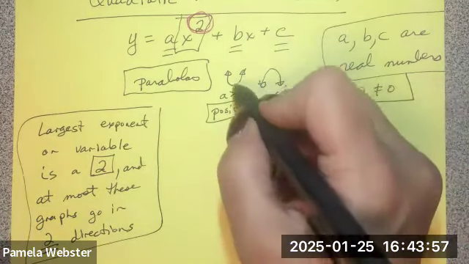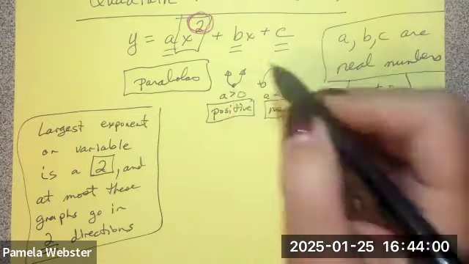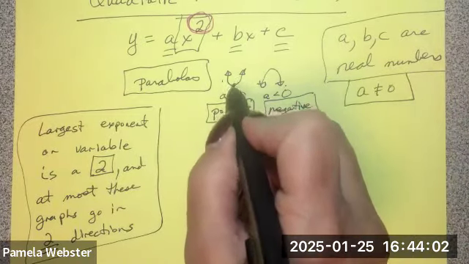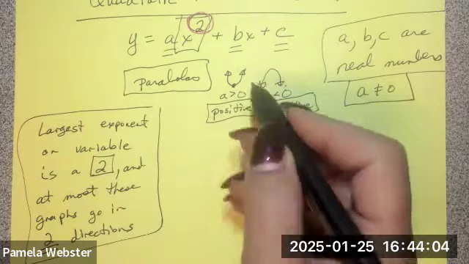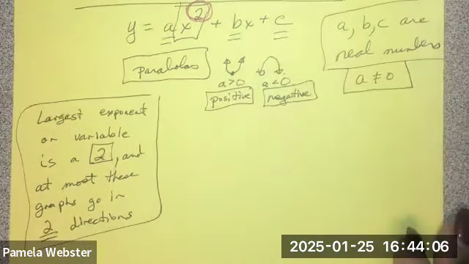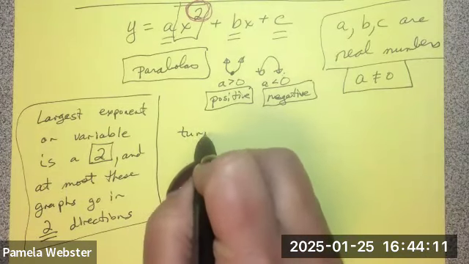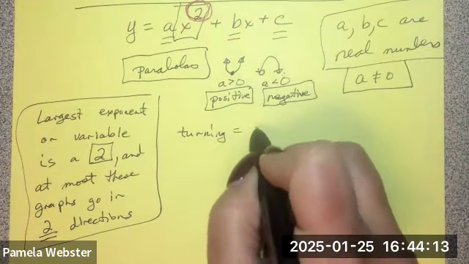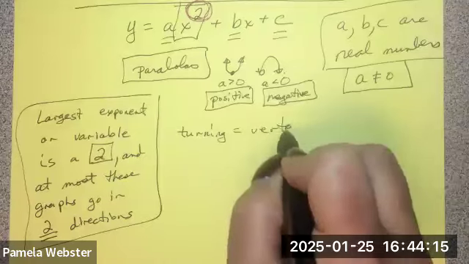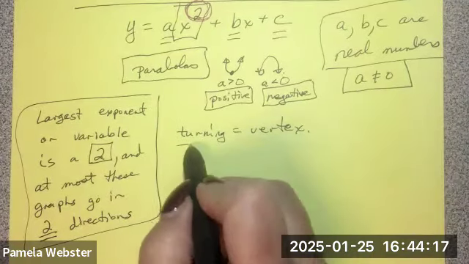The other thing we'll start looking for is the turning point for the parabola. We didn't have turning points when we dealt with linear, right? But now we have a turning point, and the turning point is the vertex. That's what we call it. I'm sure you've heard that terminology before.